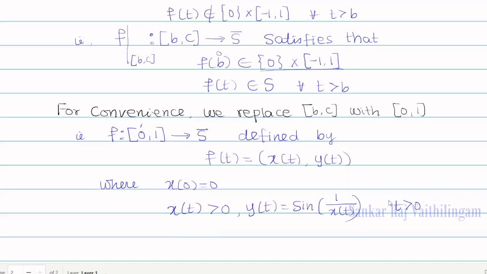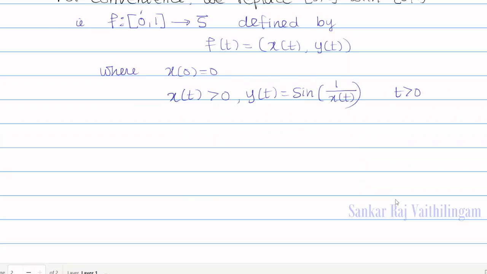The contradiction is that we can find a sequence. I will write and I will explain.